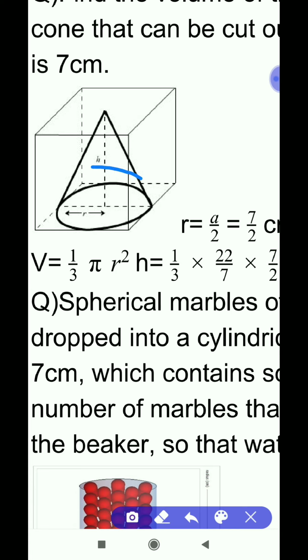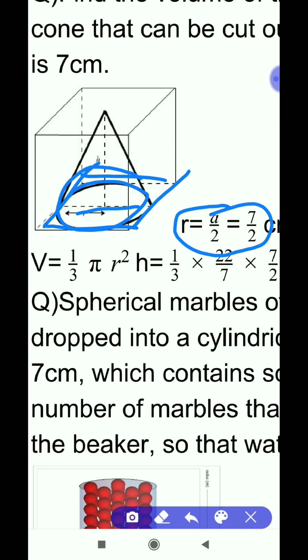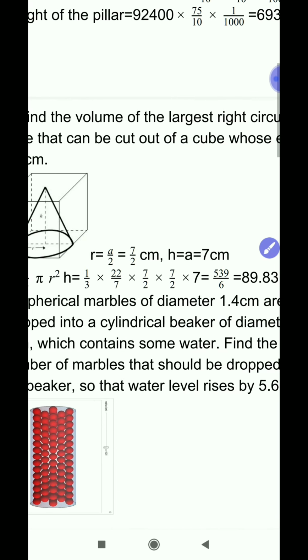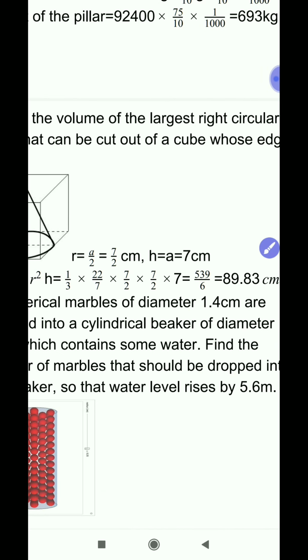Here, the base of the cone is a circle that touches the sides, so its diameter is equal to the side of the cube, that is a. So the radius is a by 2. a is given as 7, so the radius is 7 by 2 centimeters. The height of the cone is equal to the side of the cube, so h is equal to 7 centimeters.